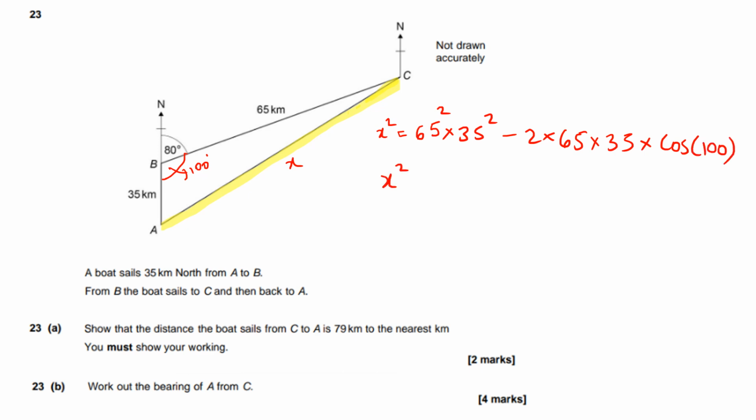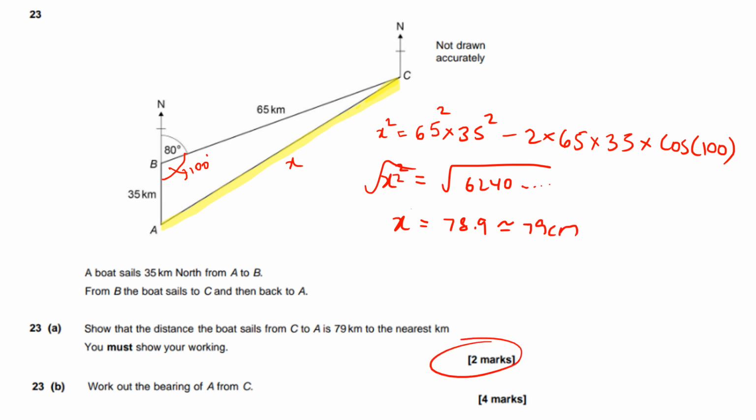So x squared is going to be 6240 point something, and then I'm going to have to square root both sides to get rid of the squared, it's going to be 78.9, which is 79. So that's how I get full marks from this.